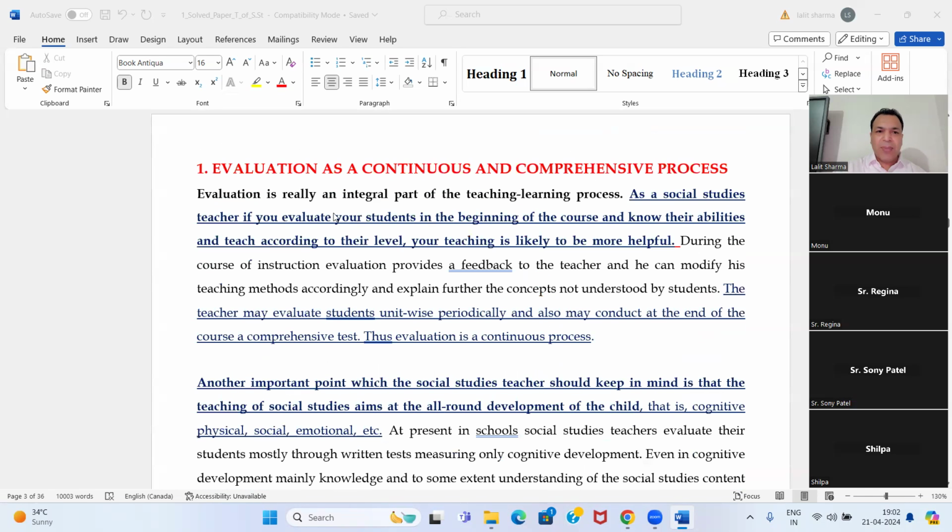So first we discuss evaluation as a continuous and comprehensive process. कौन सी होती है continuous and comprehensive? Then we will discuss what is formative evaluation, and second we will discuss what is summative evaluation. Okay, so ये देखो, evaluation is really an integral part of the teaching learning process.